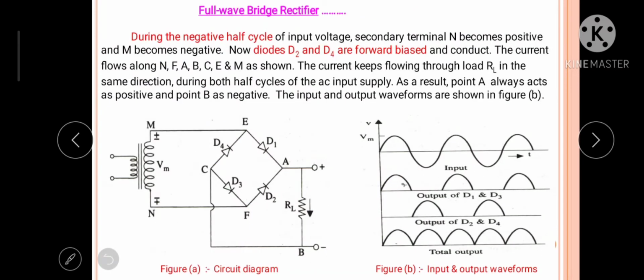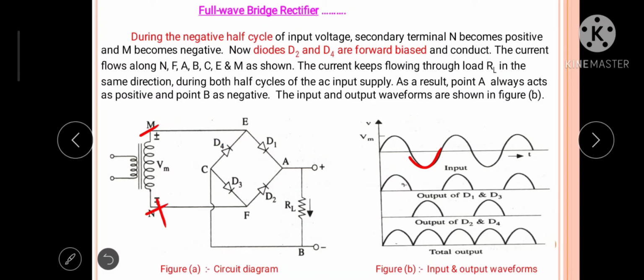During the next negative half cycle, the secondary terminal N becomes positive with respect to terminal M as negative. Due to such polarity, diode D2 and diode D4 come in forward bias and they will conduct.